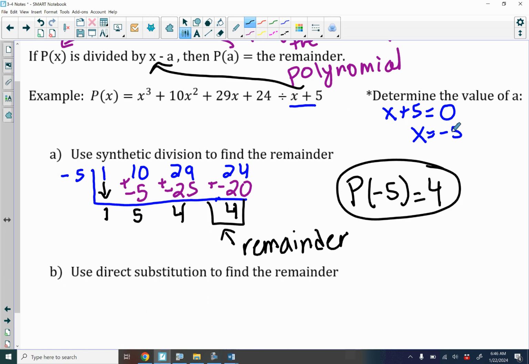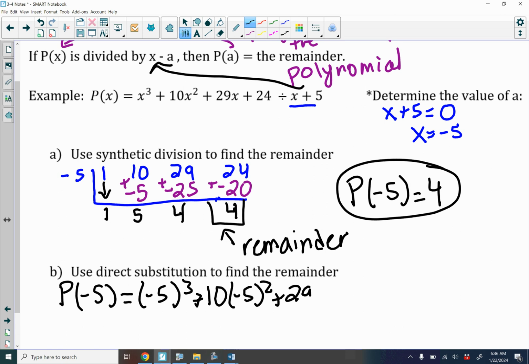So we have p of negative 5, and what I'm going to do is take this negative 5, and for every place I see x, plug it in. So I have negative 5 cubed, then plus 10 times negative 5 squared, then plus 29 times negative 5, and then plus 24.